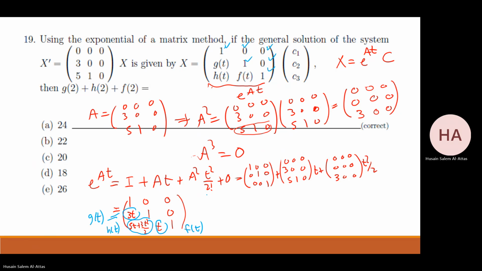So now what he wants is g at 2 plus h at 2 plus f at 2. We have everything at 2.